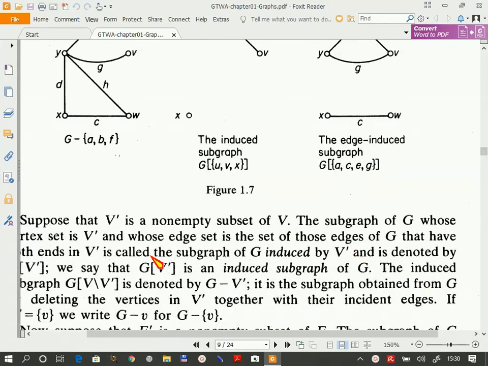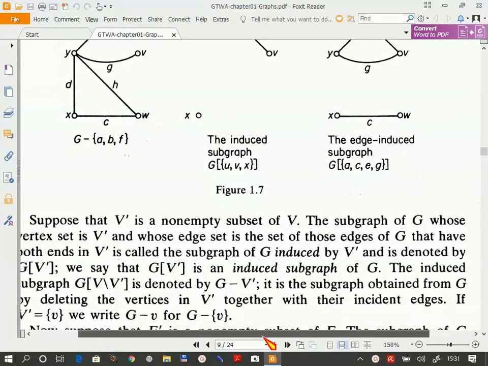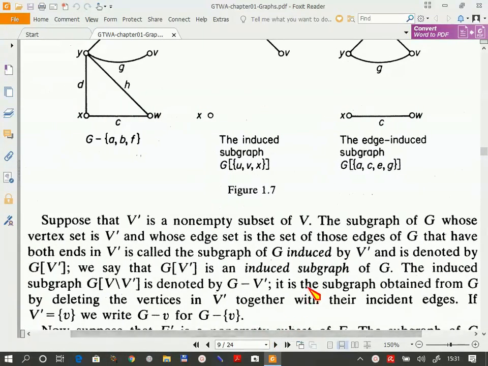For instance, we can take a certain non-empty subset of V, and we can think of what is called the subgraph induced by V prime. What does it mean?